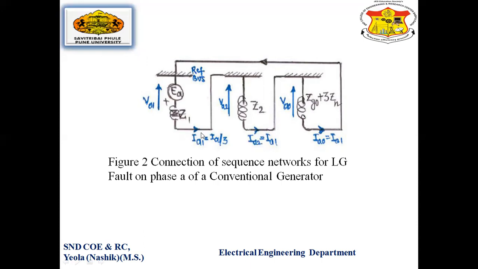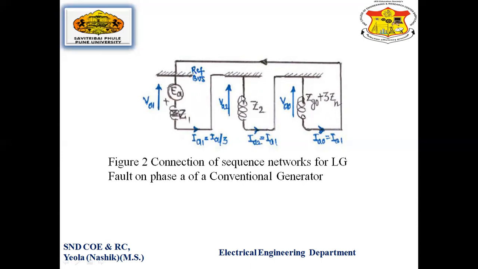We see that all the networks are connected in series, with impedances Z1, Z2 and Z0, where Z0 is equal to ZG0 plus 3Zn. So these are all the impedances that are connected.